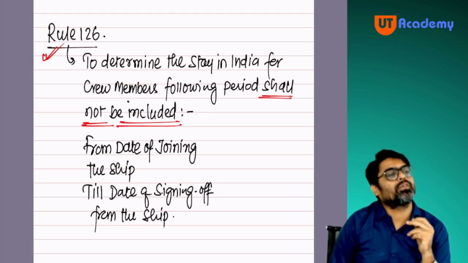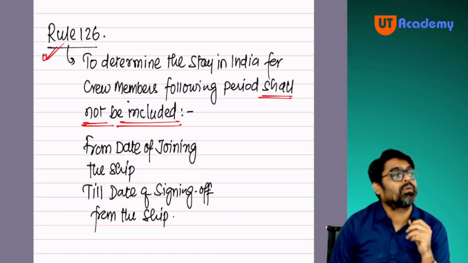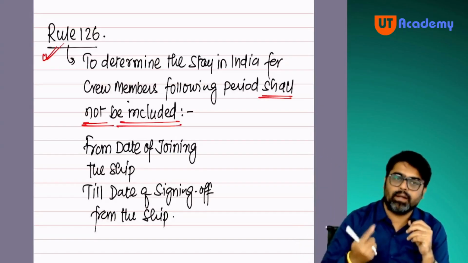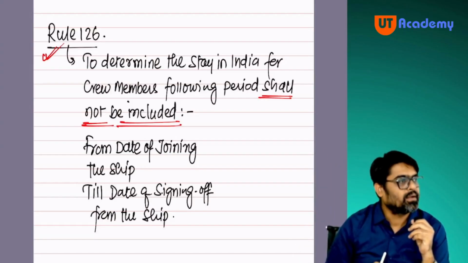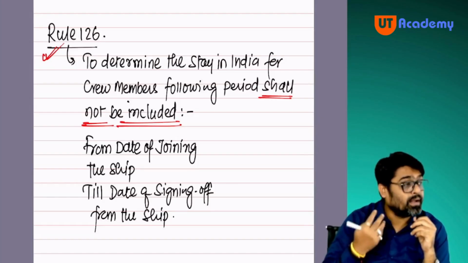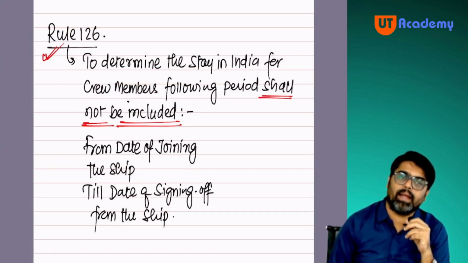So, are you an Indian citizen leaving India during the relevant previous year for the purpose of employment? That is your first exception. Second exception: are you an Indian citizen leaving India during the relevant previous year as a crew member on an ship? Then also you will be covered by the exception.